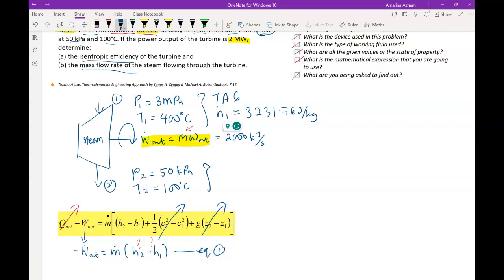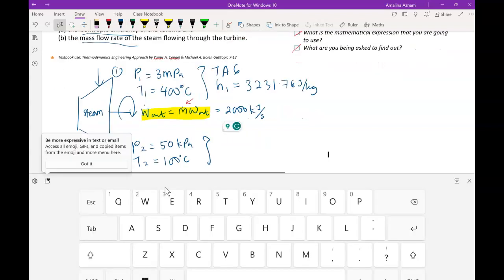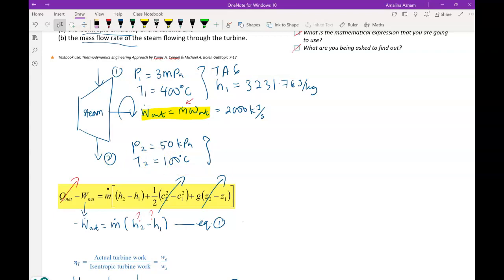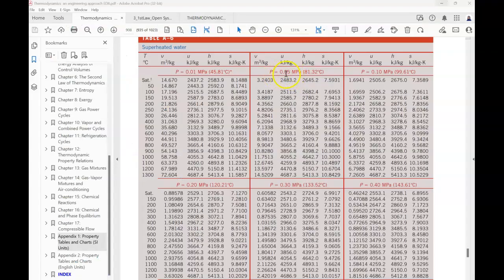You are going to do the same step with state 2, where again you were given pressure and temperature. This can be read from table A6, whereby your H2, using the same steps that I did for state 1, at 0.05 megapascal and 100 degrees C, will be 2682.4.